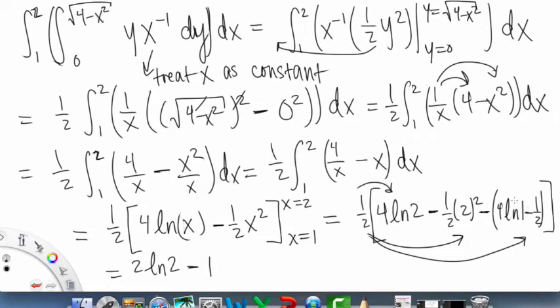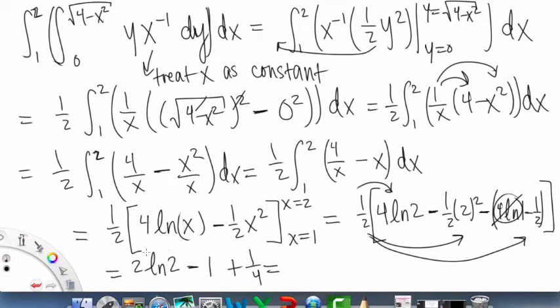And then for ln 1, that's just 0, and then we have a plus 1/2 times 1/2, which is a plus 1 over 4.